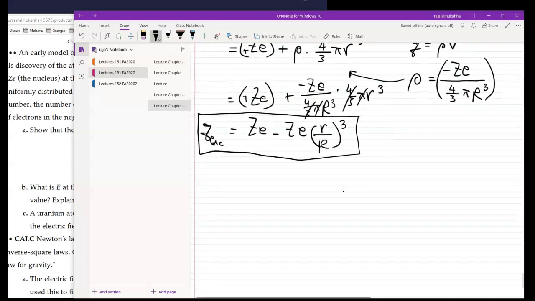Now he's asking for, let me go one more step. Let me take ZE as a common factor. So in this case, I'm going to get ZE bracket 1 minus r cubed over big R cubed. That's the charge enclosed. I like this expression better than the one above.